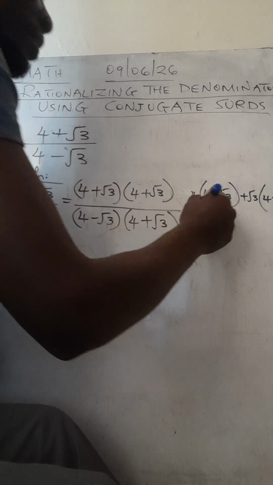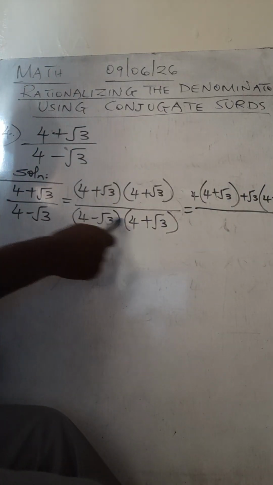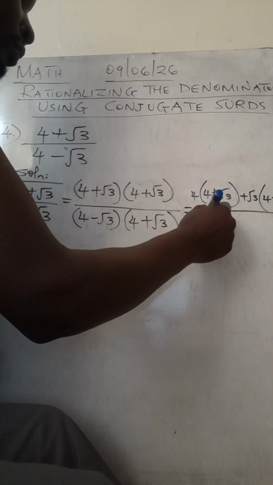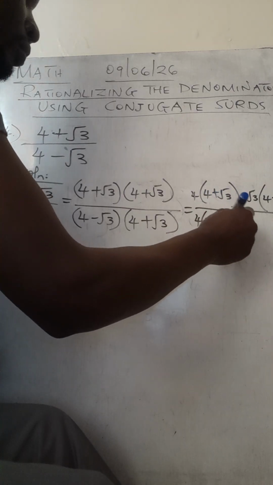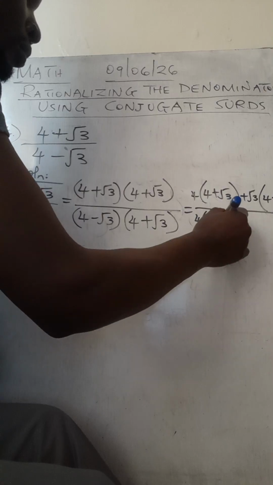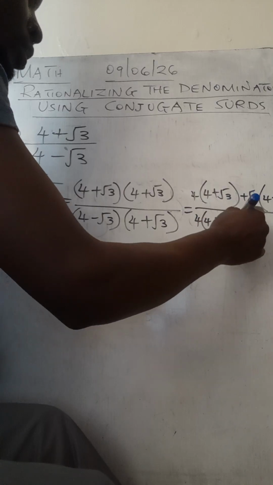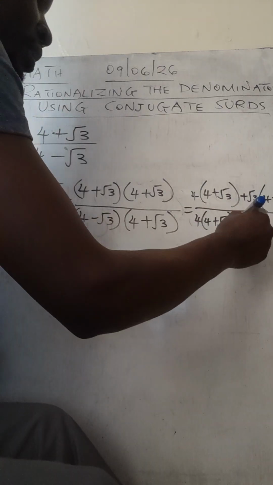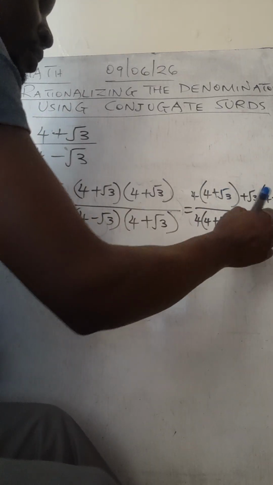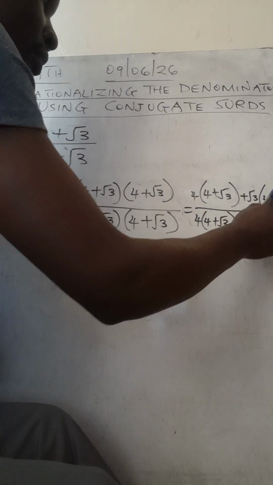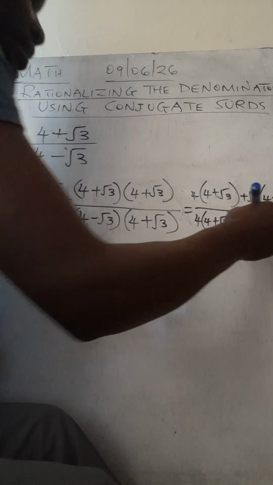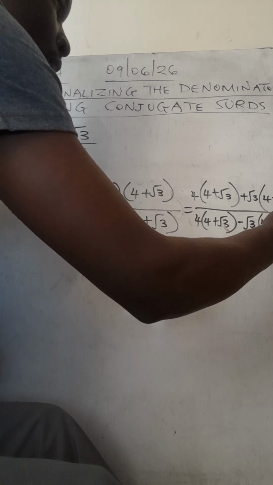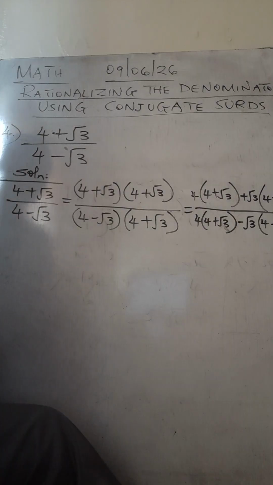The same thing down here, 4 times this bracket, then we have negative root 3 times this bracket again, like that.